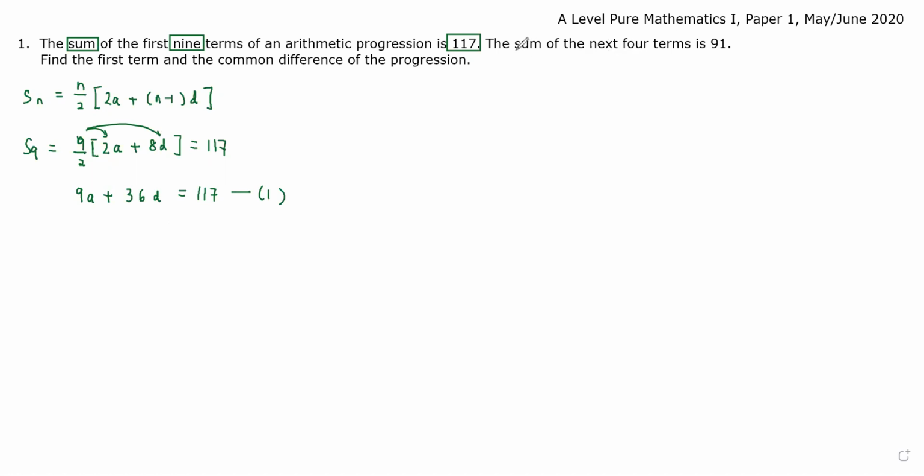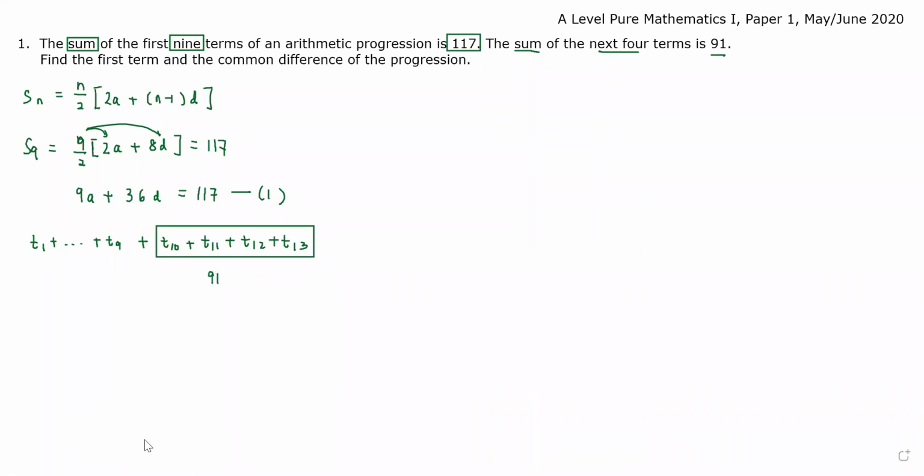The sum of the next 4 terms is 91. So to find the sum of the next 4 terms, you have the sum of the first 9 terms, and then the next 4 terms would be the 10th, 11th, 12th, and 13th. The sum of these 4 terms gives you 91.